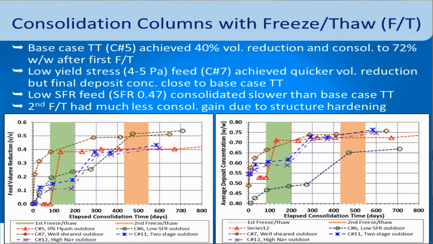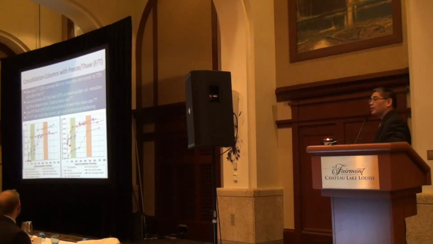And we have one condition here that is sheared further, oversheared, reaching 4 to 5 Pascal, and that feed achieved quick volume reduction even before the freeze and thaw season started.